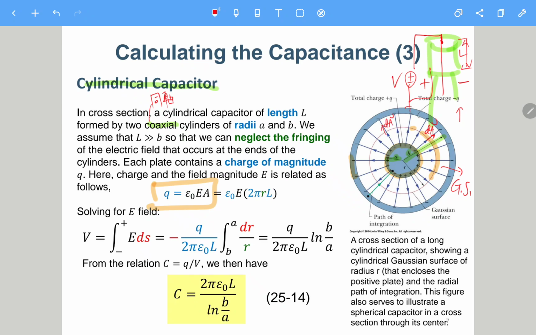dA also points in the same direction as the E field, which means that E dot dA is E times dA. E is uniform, so it can be taken out of the integration sign.